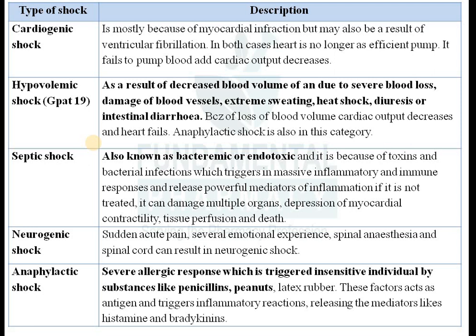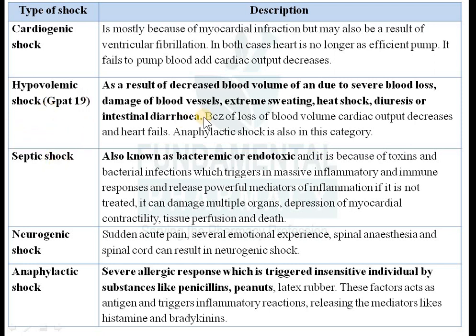The question was like this: the loss of blood volume due to extreme sweating, diuresis, and intestinal diarrhea will result in, and there were options like cardiogenic shock, hypovolemic shock, septic shock, then blood shock and all that. The answer was hypovolemic shock. It was a question in GPAT 2019.